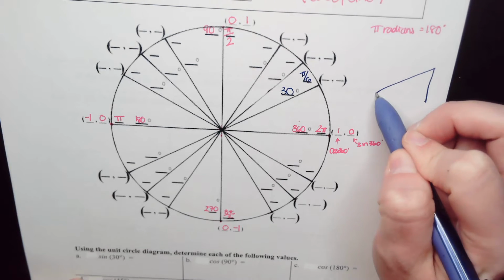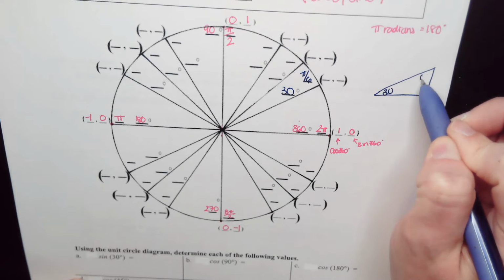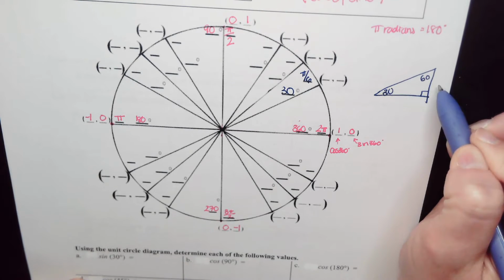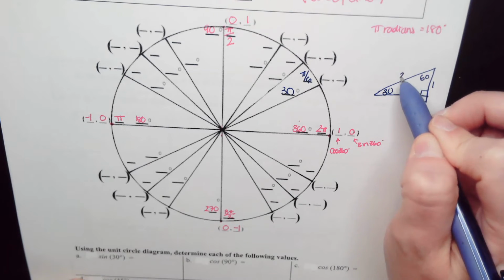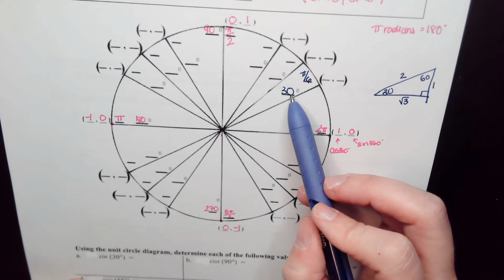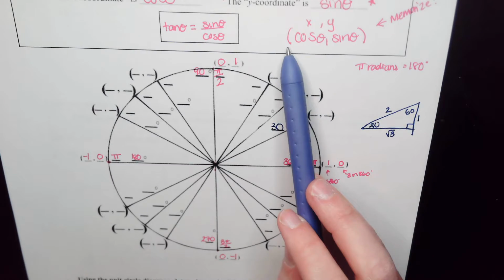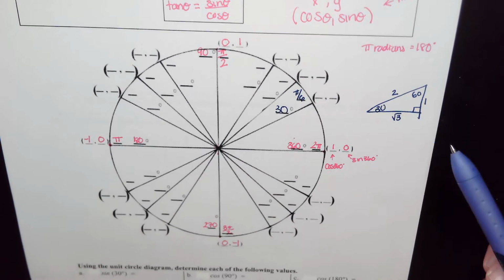Outside of this triangle, I'm going to draw a 30, 60, 90 triangle. And we should have this memorized. Across from the 30 is 1, across from the 90 is 2, and across from the 60 is rad 3. If I want the cosine, because I know cosine comes first, of 30 degrees, that's adjacent over hypotenuse.